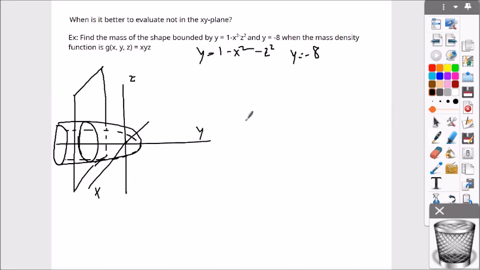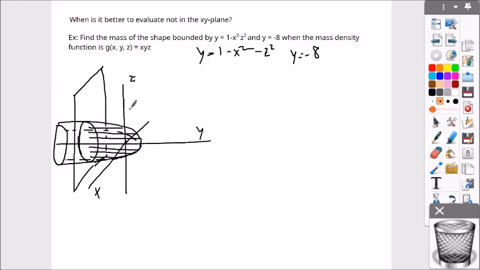Specifically, we're going to make it y simple. So we will end up having a projection into an xz type plane, so our slices are like this. Where does it move from?